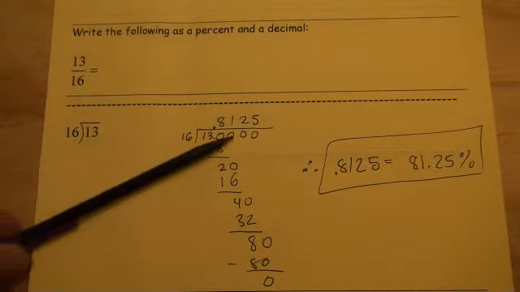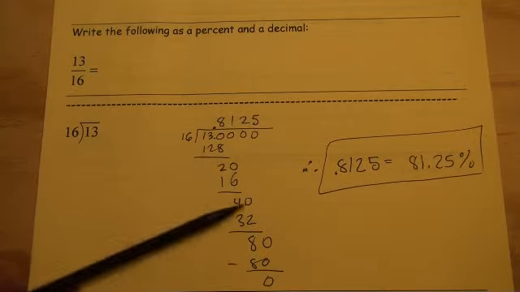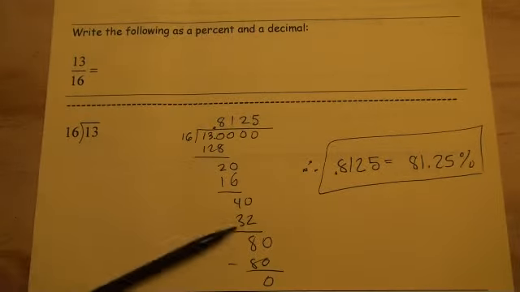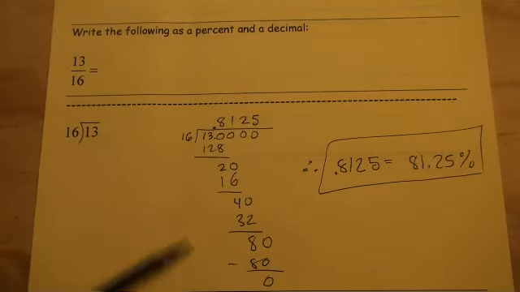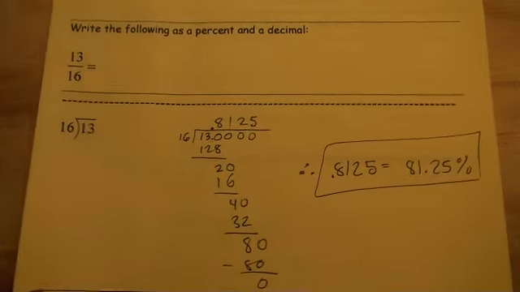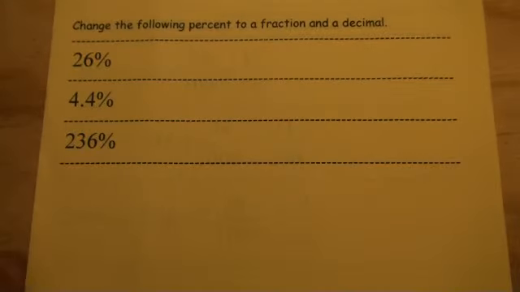Then you subtract to get 2, bring down the 0, 16 goes into 20 once, multiply, subtract to get 4, bring down another 0, 16 goes into 40 twice for 32, subtract to get 8, bring down yet another 0, and 16 goes into 80 5 times, which gives us exactly 80. The moment you get a 0 remainder, you have found an exact division. So we stop there and call it 8,125 ten-thousandths, if you wanted to pronounce the decimal in the most accurate way. And then, of course, 81.25%.